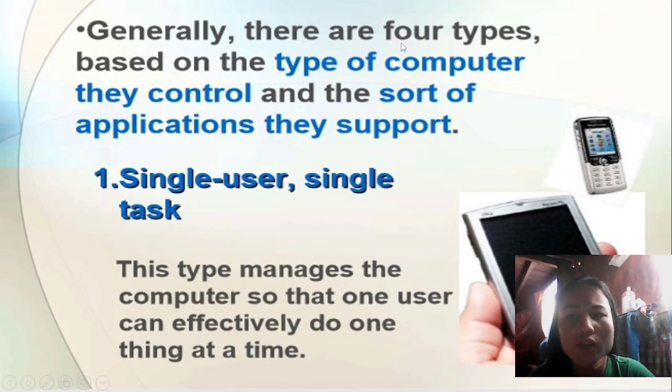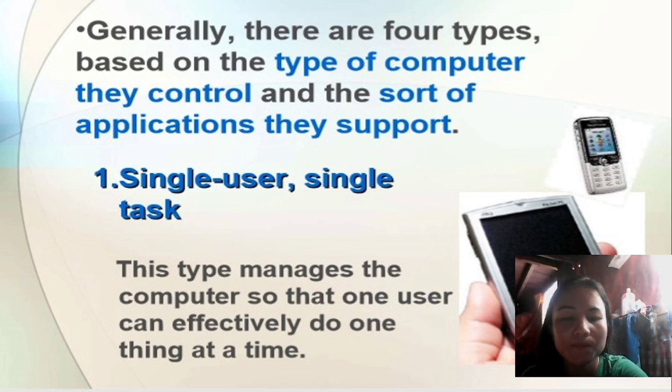Generally, there are four types based on the type of computer they control and the sort of applications they support. First is single user, single task. This type manages the computer so that one user can effectively do one thing at a time.